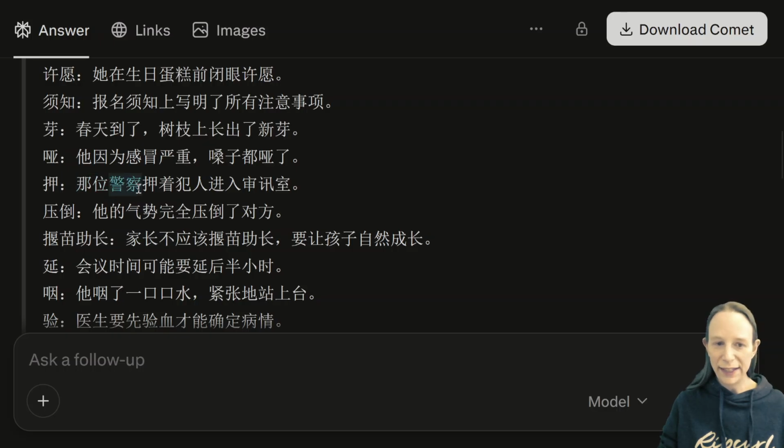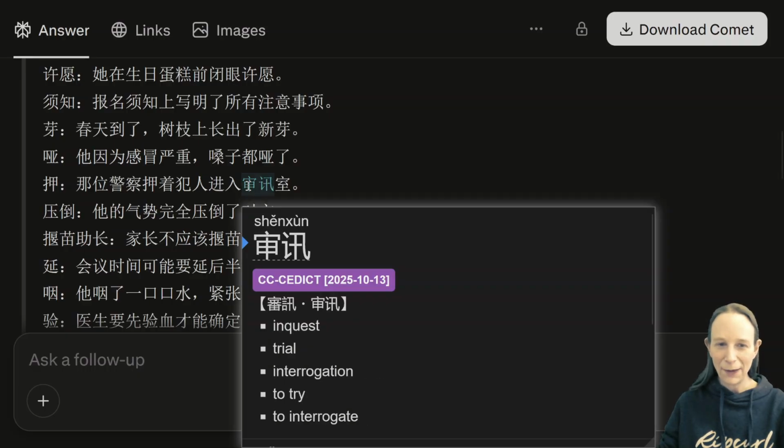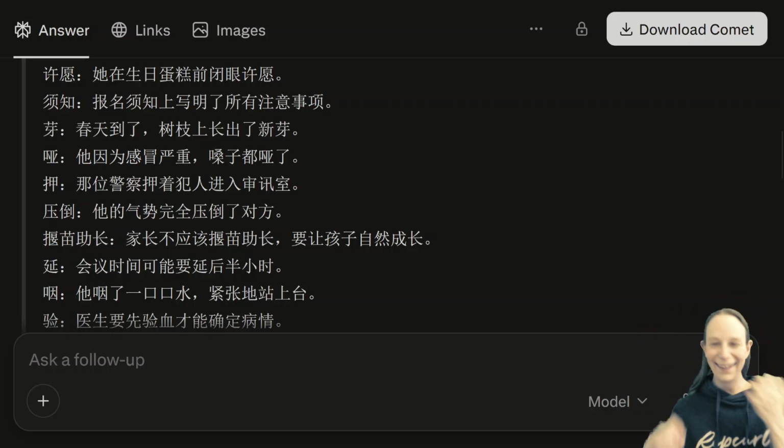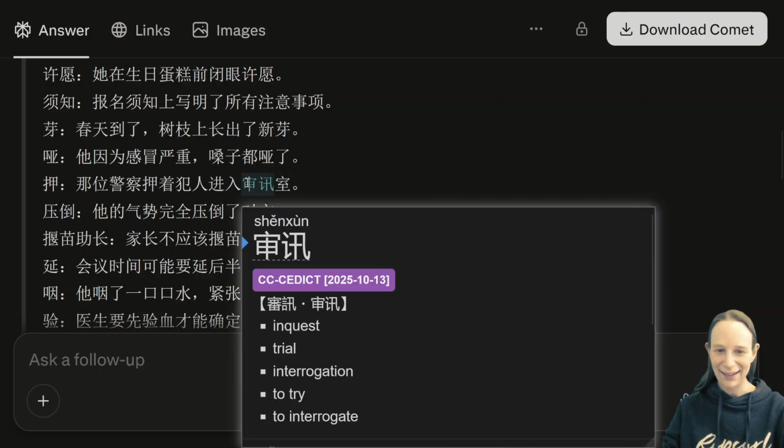Okay, 这位警察押着犯人进入审讯室. Wow, that's incredibly hard to say. 审讯室. Wow, 审讯室. Oh, that's incredibly hard to say. So, interrogation. 审讯.